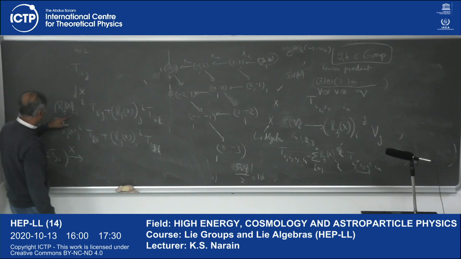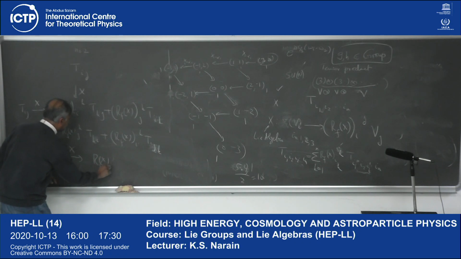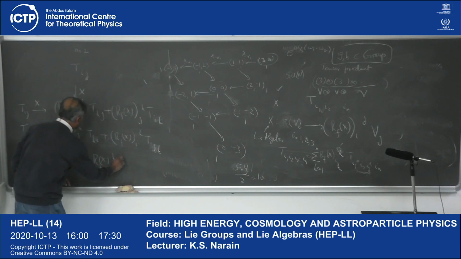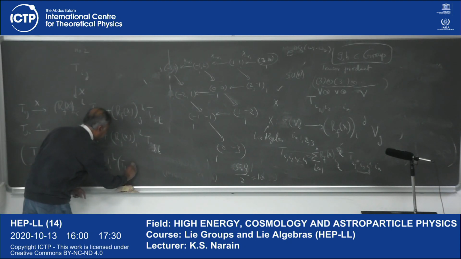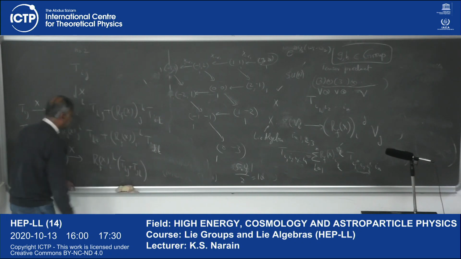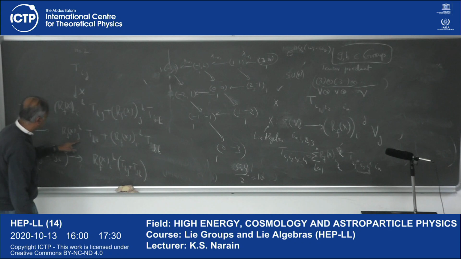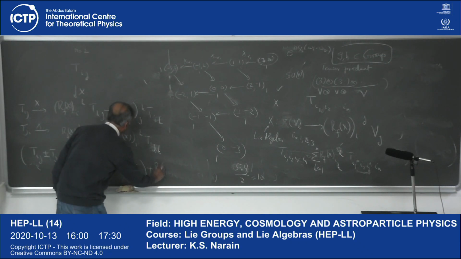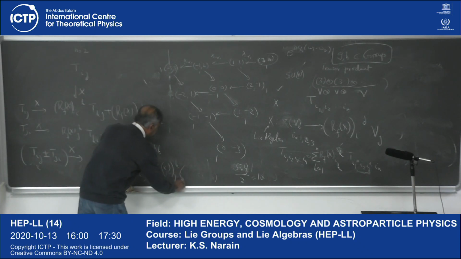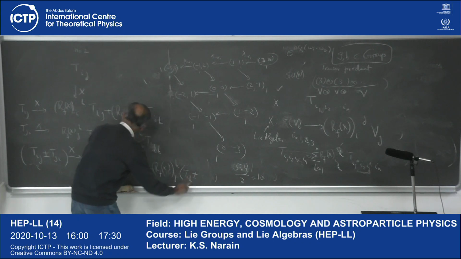I group them this way: R_f(X) I_k, and then you get T_kj plus or minus T_jk. Similarly, I group the other two terms together: R_f(X) J_k, and then I get T_ik plus or minus T_ki.